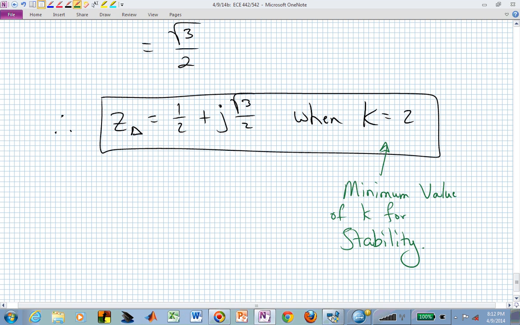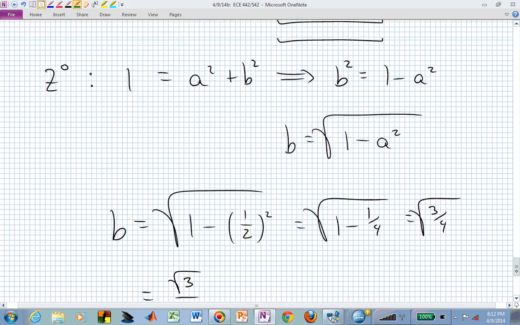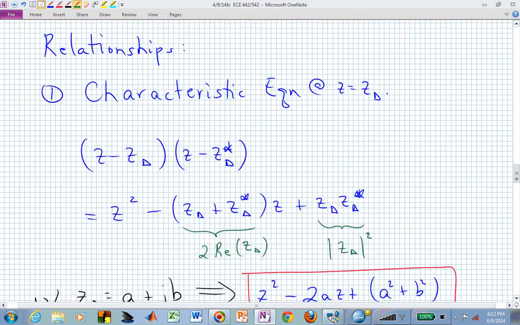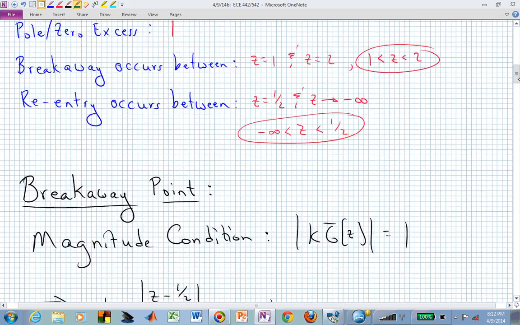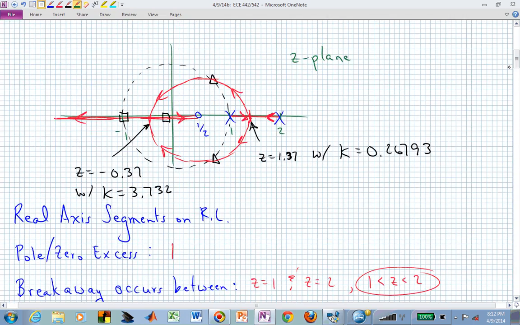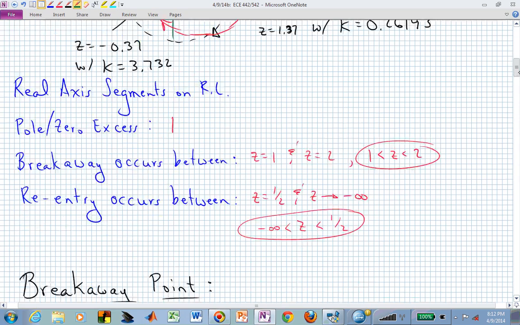And what's the maximum value? Well, we hope then that the maximum value is going to be what's going to happen at these squares. So it's going to be very hard to find the square inside or between the re-entry point and z equal to 1/2, but we know exactly where it breaks out of the unit circle or goes unstable, and that's when z is equal to -1.